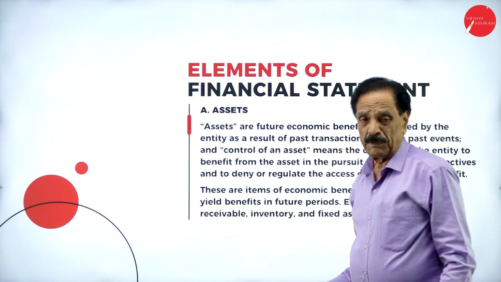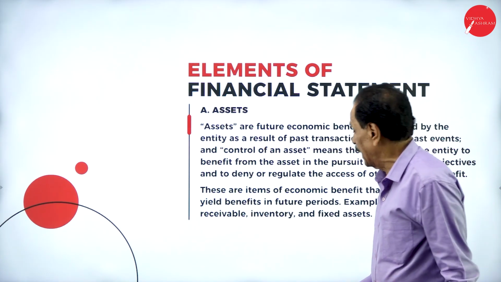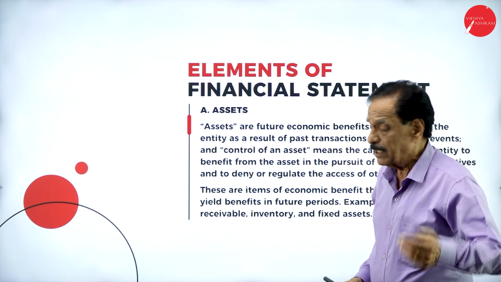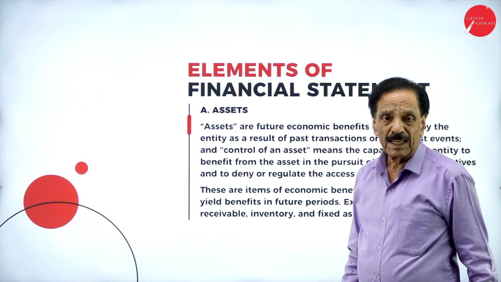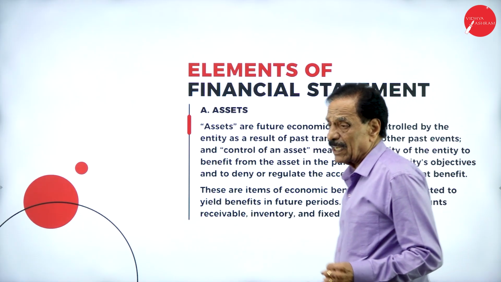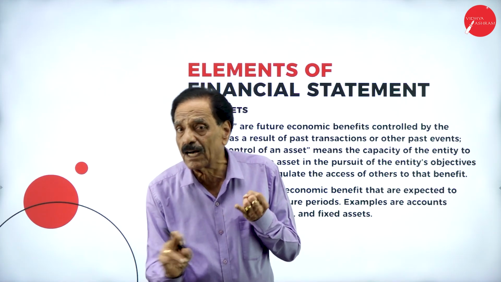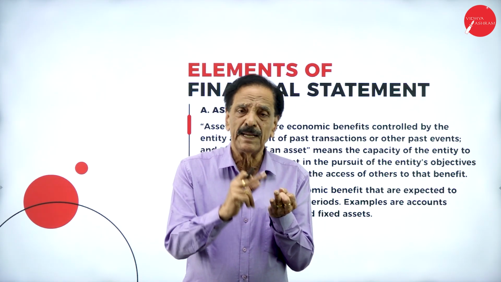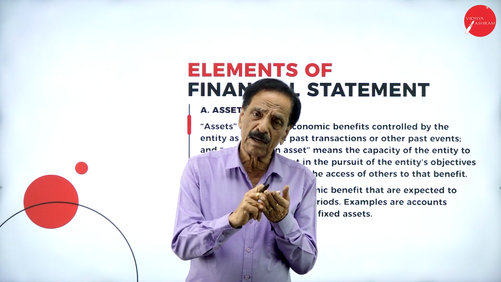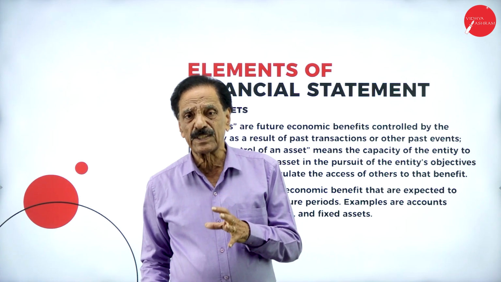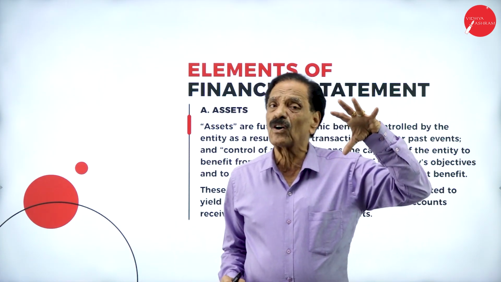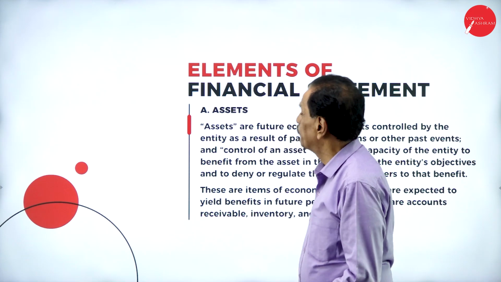But bills receivable, which can be easily convertible into cash, and stock, which can be easily converted too, these two items are called current assets. Fixed assets, as I told you, are land, building, machinery, motor car, furniture. They are going to remain for a long term. We'll move on.